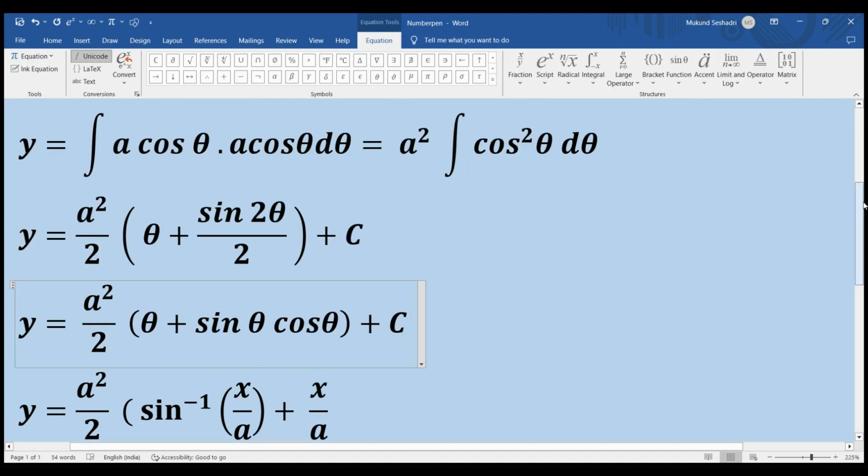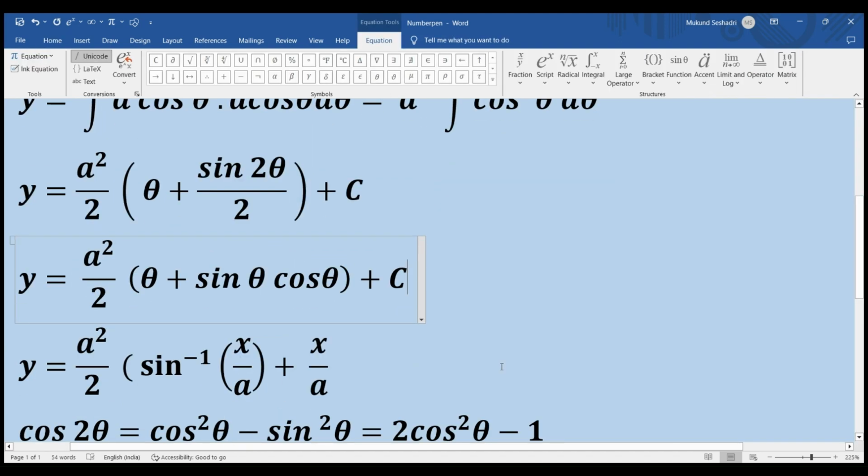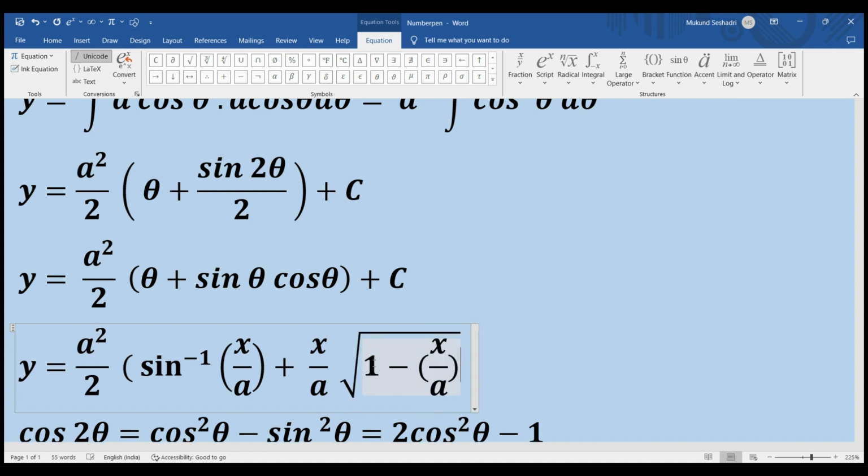So now I'm coming back to the point where we left. Sine theta is nothing but x by a, and your cos theta is nothing but the square root of 1 minus sine square theta, right? So I'll have to open my square root here, and then what I get is 1 minus sine square theta. And what is that? It's 1 minus x by a, the whole square, right?